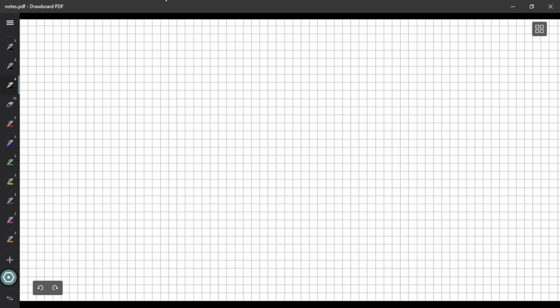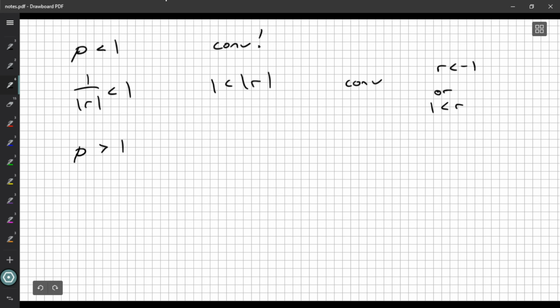Okay, well, how does that help? Well, if rho is less than 1, we get convergence. So we could rearrange this and say, all right, if r has an absolute value greater than 1, we get convergence. So you could say r is less than negative 1 or r is greater than 1. If rho is greater than 1, or even infinity, then we get divergence.